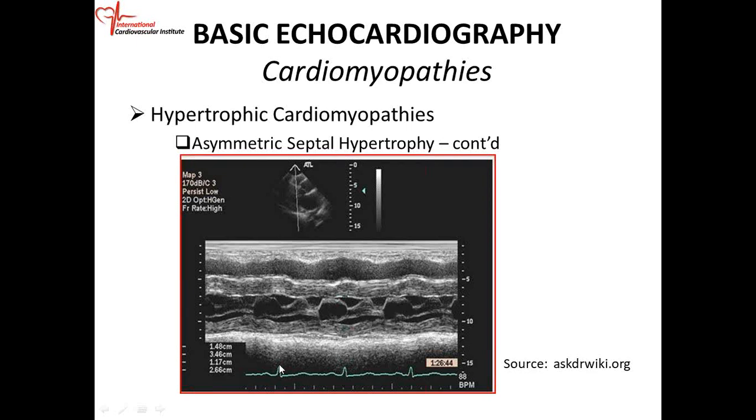Look at the ECG, systole is from the onset of the QRS to the T wave. So in systole, you have anterior displacement of the mitral valve, which actually impinges on the septum.